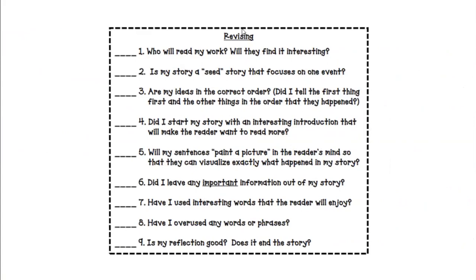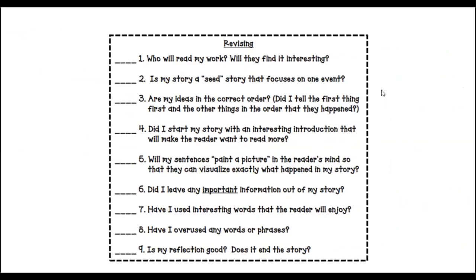Here is the revising checklist that we have seen in the past writing lessons. I added these so that you can pause the video and think about what you need to do to revise your own writing. You have to think about some important things. Who will read my work? Will they find it interesting?